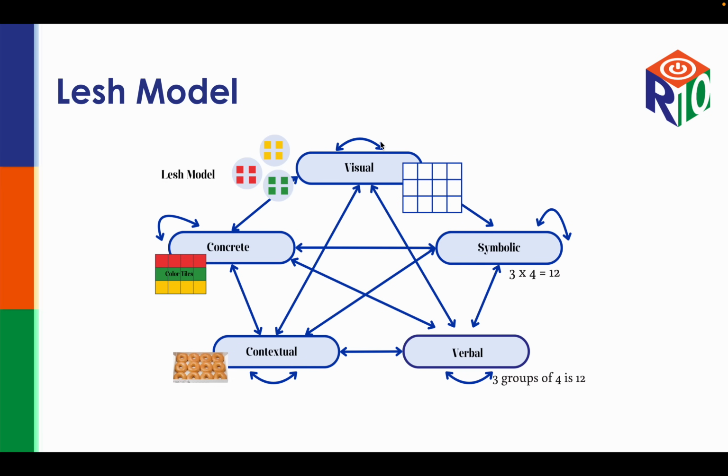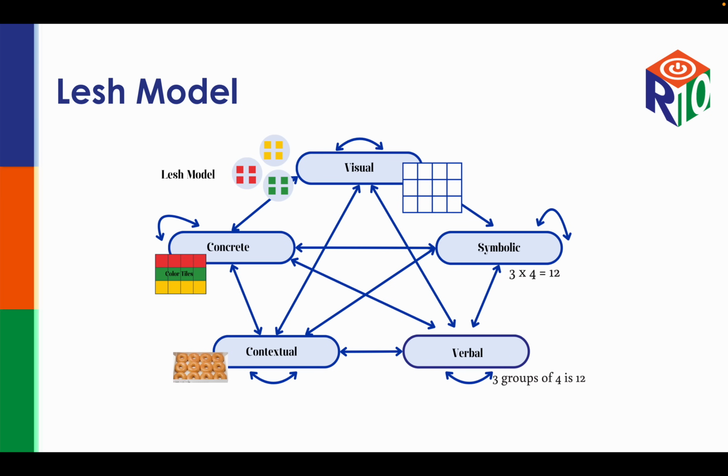Starting with that concrete, where this student represented 3 times 4 with the color tiles, but they drew this in their journal to kind of record their thinking there. So that's a semi-concrete representation, but it's still a visual that they're using to show that 3 times 4 is 12.